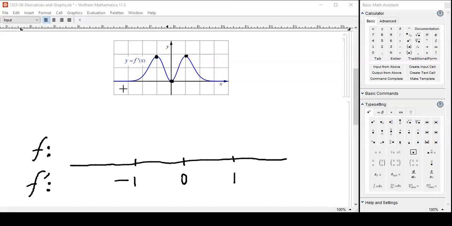Now we have 4 intervals to consider. And if you look at the derivative function, it's increasing here, going up. And then again going up there. So concave up here.